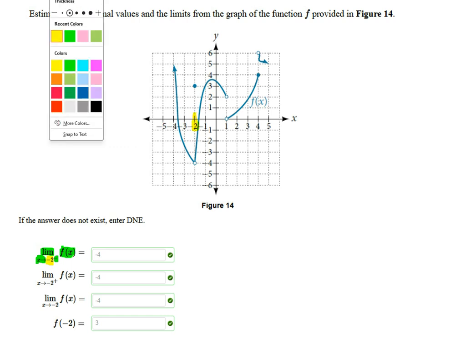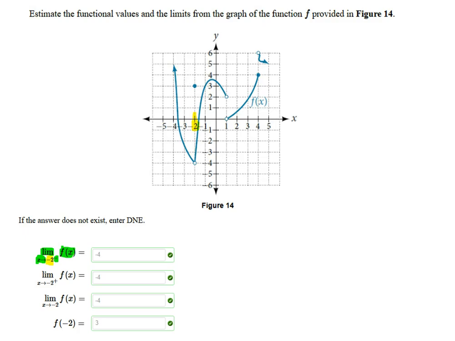Okay, so as you're approaching it from the left, you're actually on this part of the graph, and it looks like I'm going down, but as I'm going down, I am going to the right. I don't know why this keeps drawing a straight line on me.